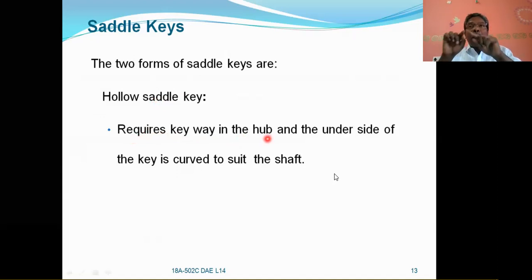The bottom side of the key is curved to suit the surface of the shaft. That means the bottom of the key is in a curved shape, which fits directly on the shaft surface. So the friction between the key and the shaft helps to transmit the power.